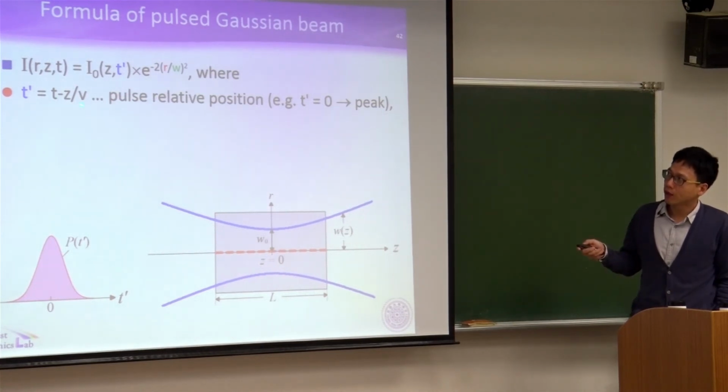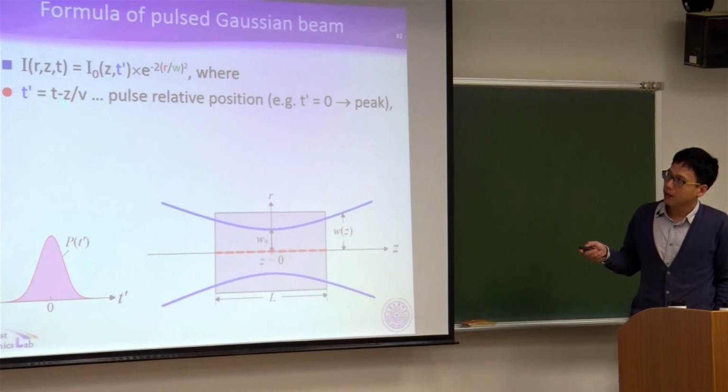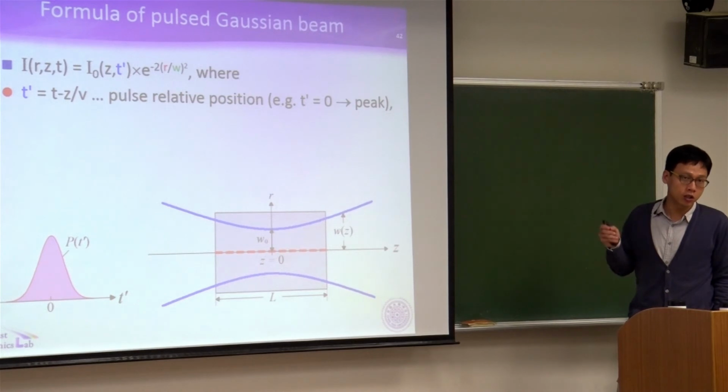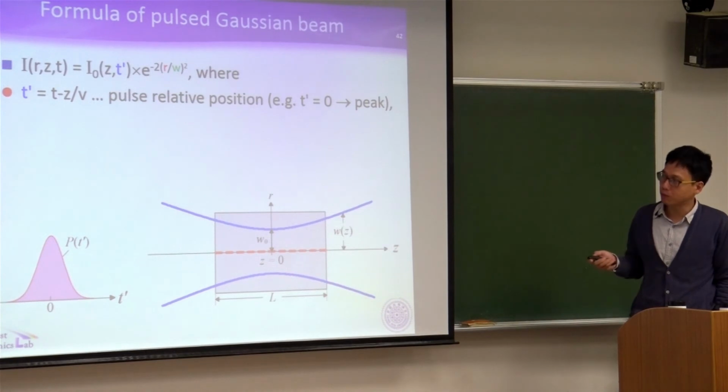When z equals 0, t prime equals 0 if t is 0. But if you shift the observation position to some non-zero z, then the pulse peak, t prime equals 0, occurs at a time instant no longer 0. It's equal to z over v.